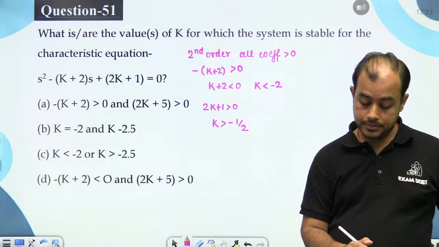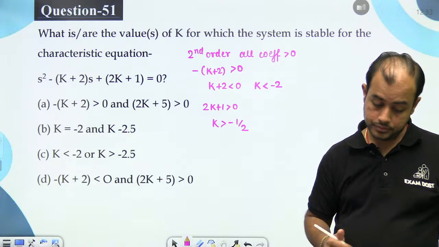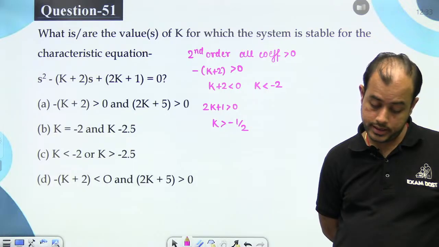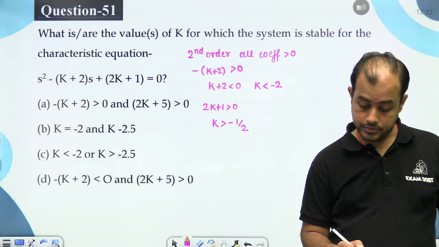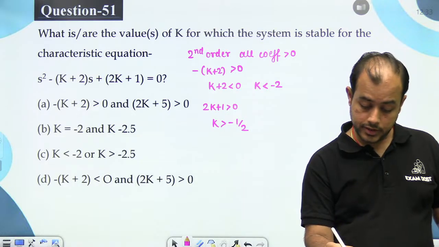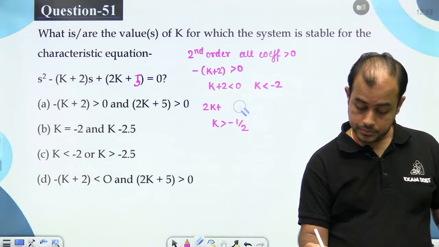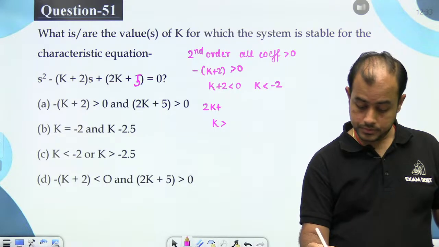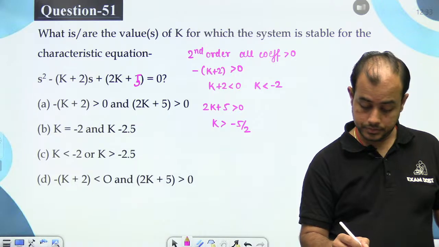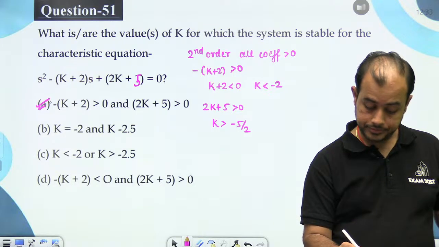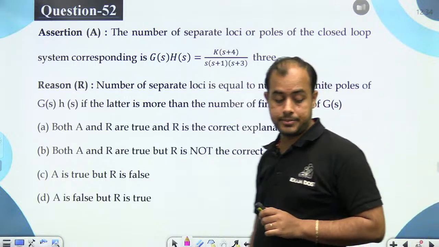So stable. K plus 2 is negative and 2k plus 1 is positive. या तो ये 5 होगा. ए सेकेंड ऑर्डर में इतना काफी होता है.